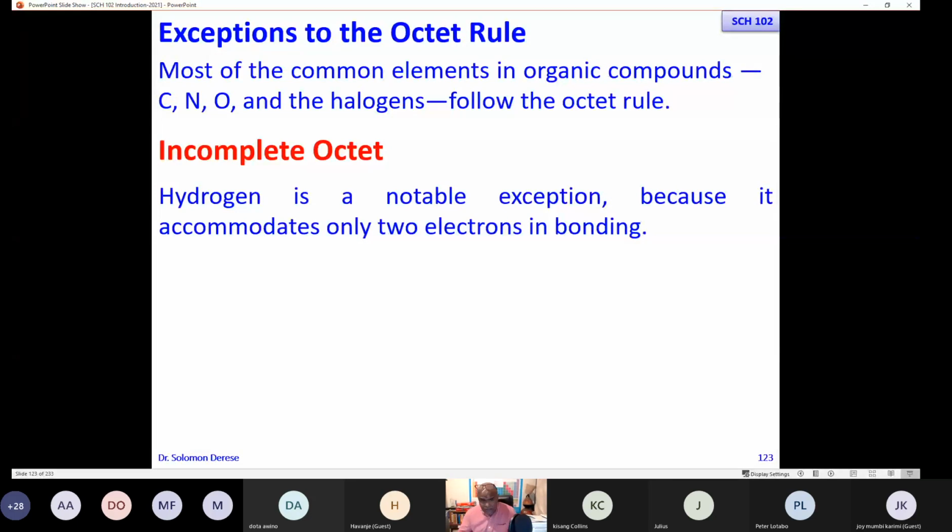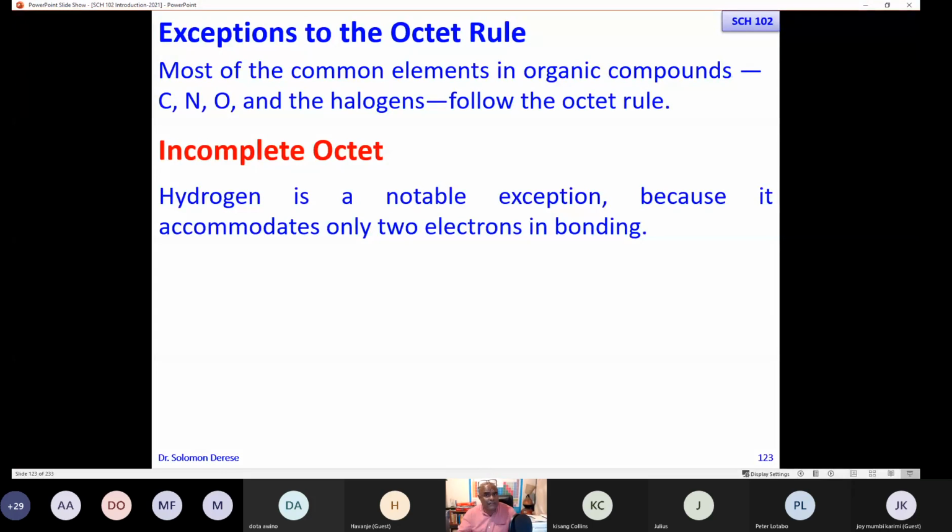So hydrogen, even though it does not follow the octet rule, even though hydrogen does not have a complete octet of electrons, it is a stable molecule. It is a valid Lewis structure because it will have 2 electrons when it forms a bond with other element, just like that of the corresponding noble gas helium.